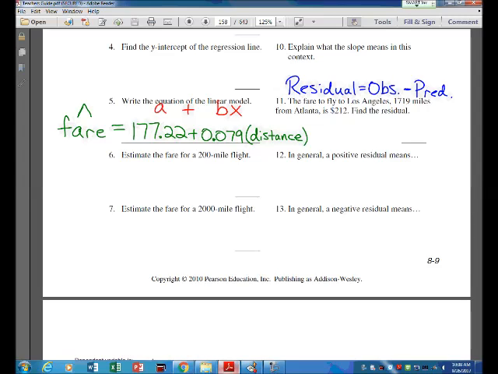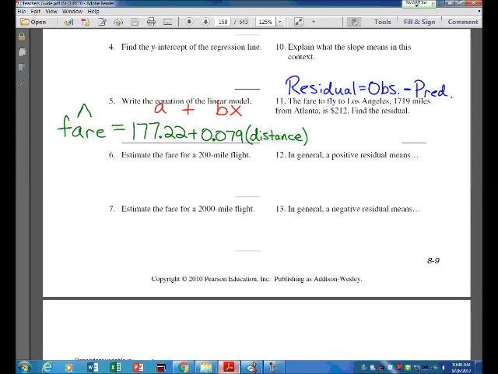Okay? So it says the fare to Los Angeles is 1,719 miles from Atlanta. It's not even on here, this is an additional one. It says the price to fly there is $212. So find the residual. So this would be the observed price. So $212 is the observed price.